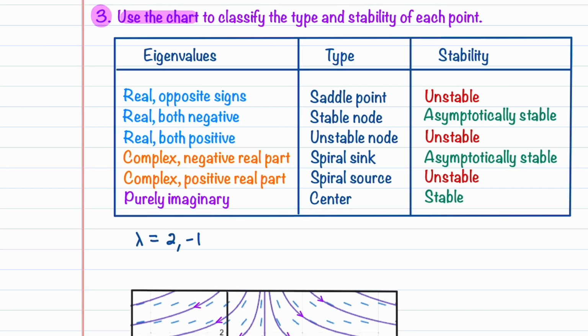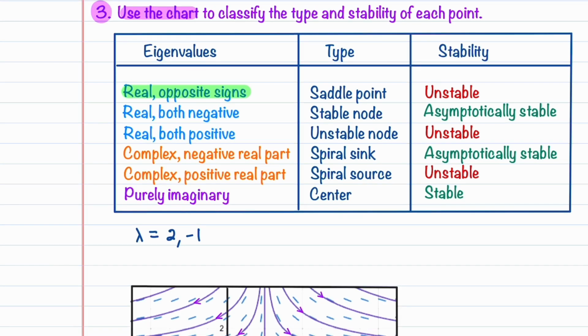So if we go up here to our chart, we can see that our eigenvalues are real, opposite signs, and that tells us that our critical point is going to be a saddle point and it's going to be unstable. So let's just write down for our solution that we have an unstable saddle point.